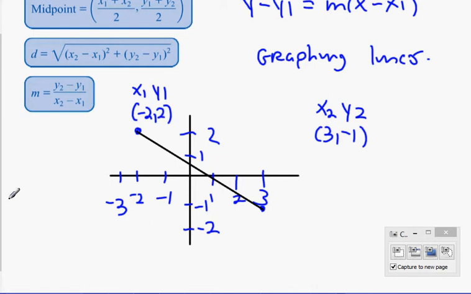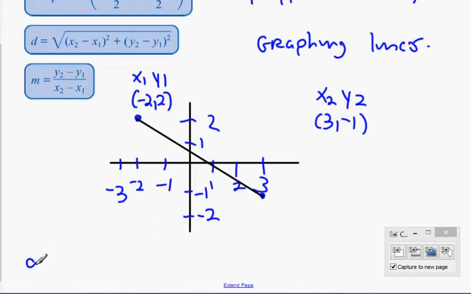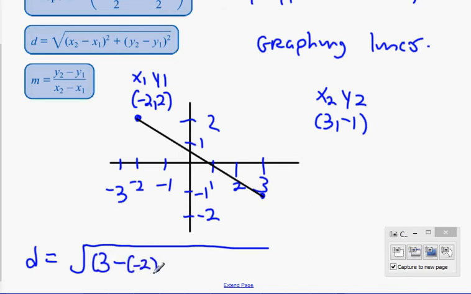That goes without saying. So all you do to find the distance is fill in your formula. If you have a negative number, please make sure you put it in brackets. So for instance, 3 minus, open another bracket, -2, close another bracket, squared, plus y2 -1 -2 squared. You're just going to put that straight into the calculator.